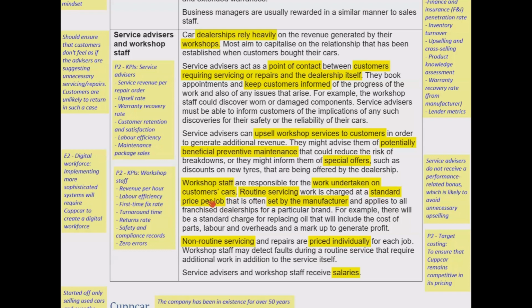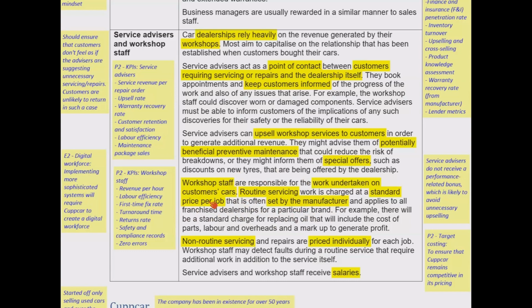The servicing of those new cars is set by the manufacturer. The price is set by the manufacturer. All franchise dealerships have to fit in with that standard price per job. So when work is done in the workshop under a servicing agreement, then what will happen is the dealership will be invoicing the manufacturer for the cost of doing that work, but that is at a standard rate.